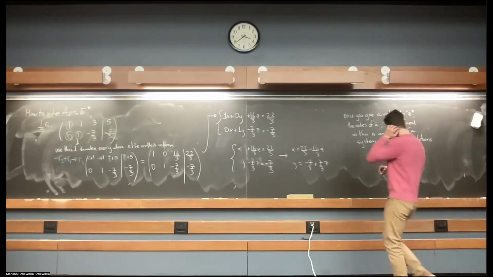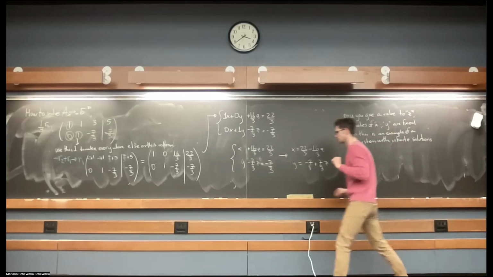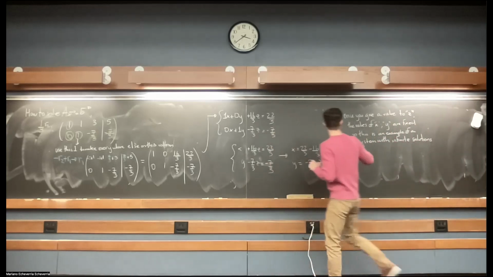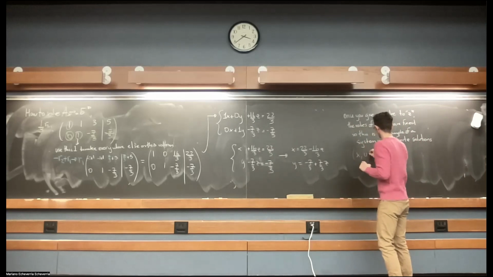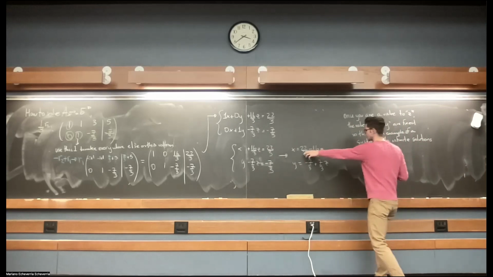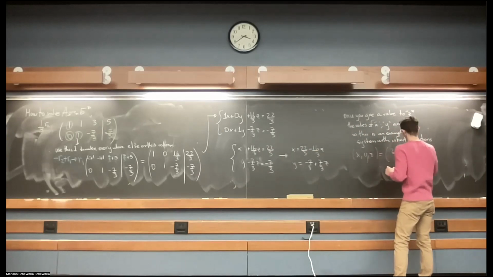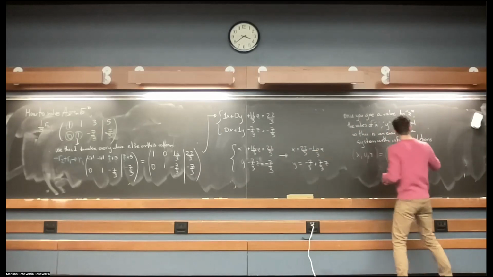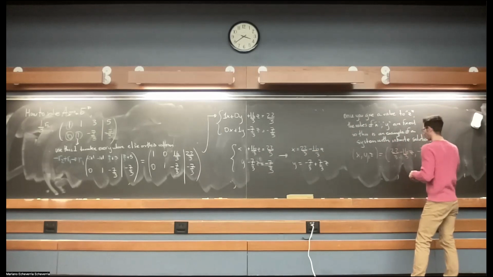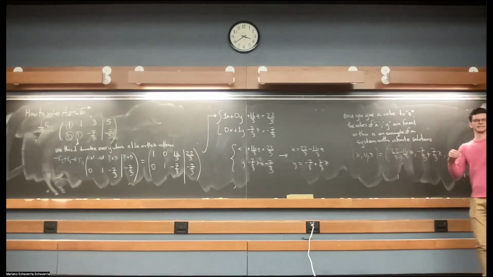The way in which you can write the solutions is to ask, what is x, y, z? We know that x has to be this, y has to be this, and z is just z. It's whatever it wants to be.